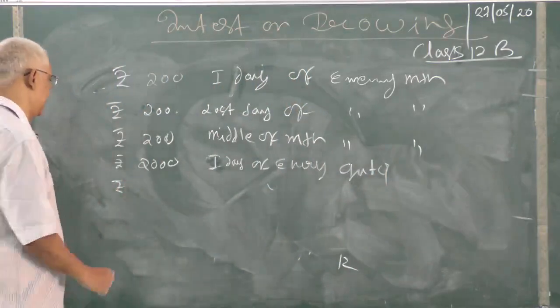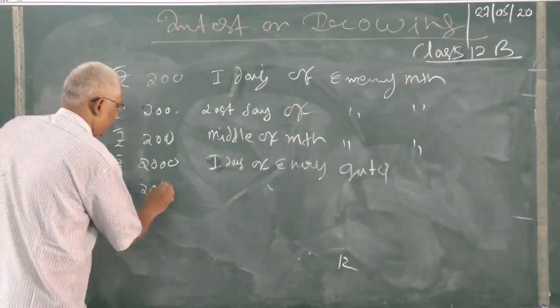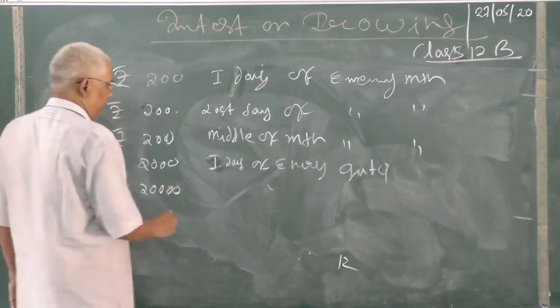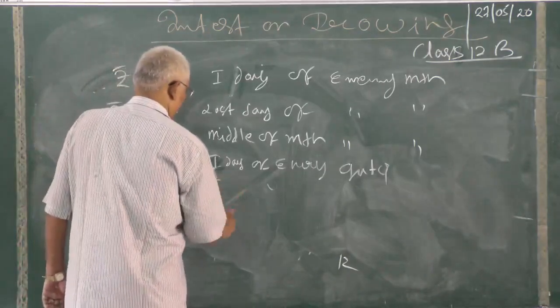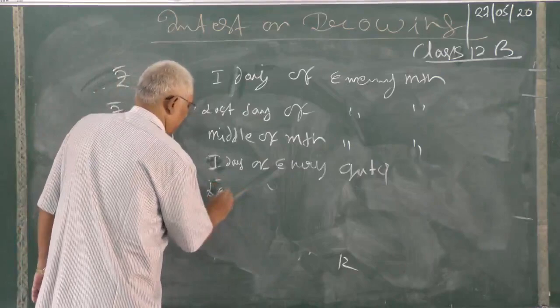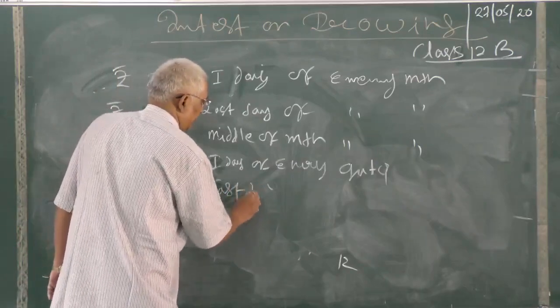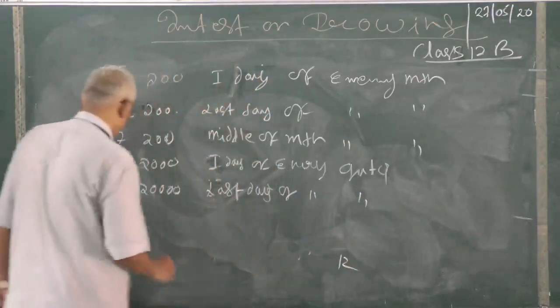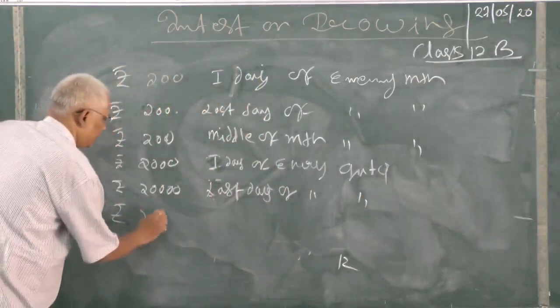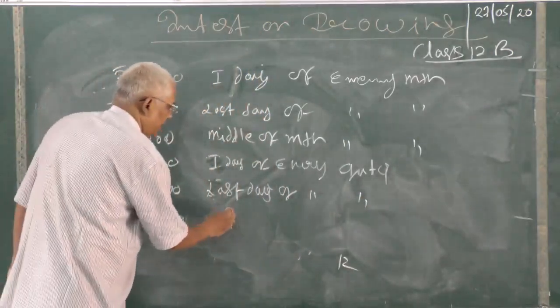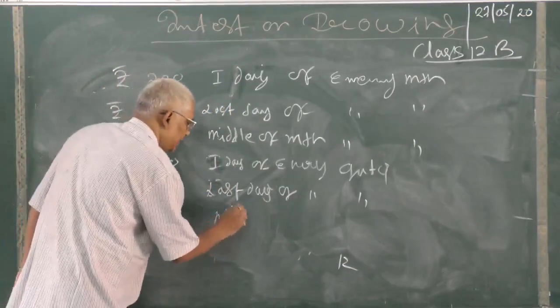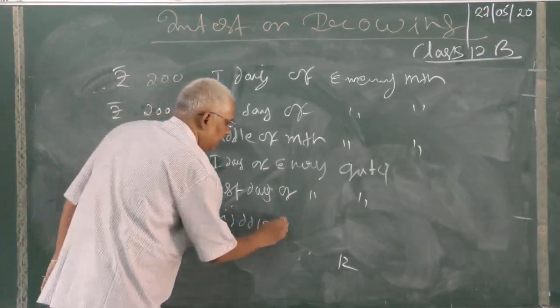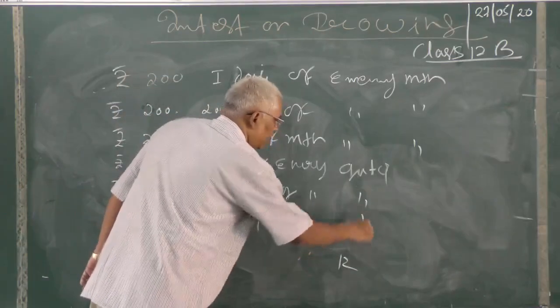Rupees 2000 withdrawn in the last day of every quarter. Rupees 2000 withdrawn in the middle of every quarter.